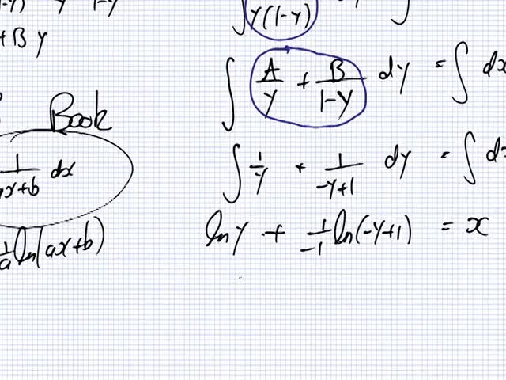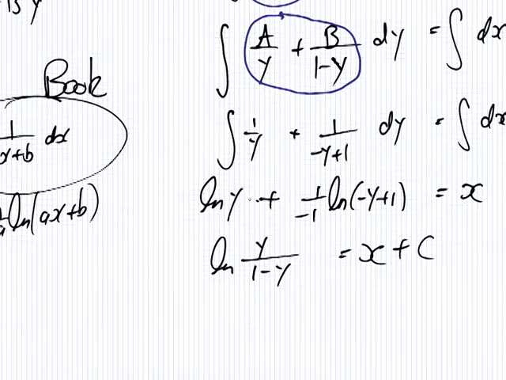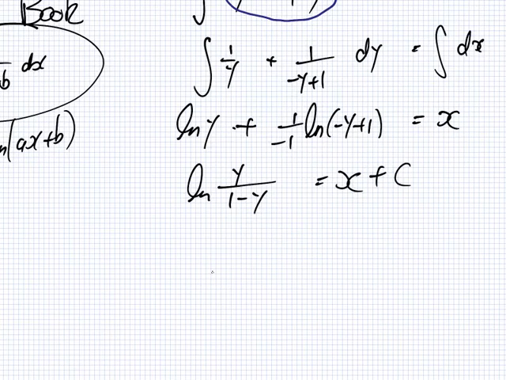So here you get log y over 1 minus y equals x. But what are we trying to get here? Y. Yeah, so how can I cancel the log? With an e. So y over 1 minus y equals e to the x plus c.